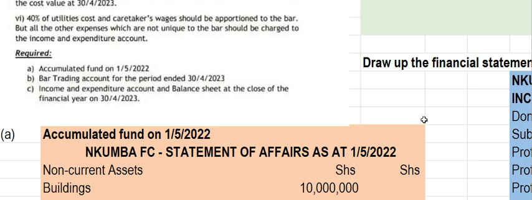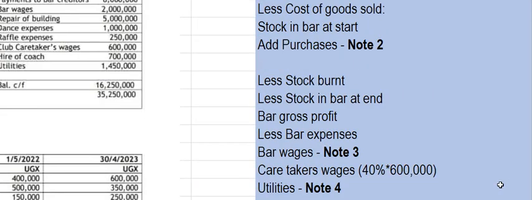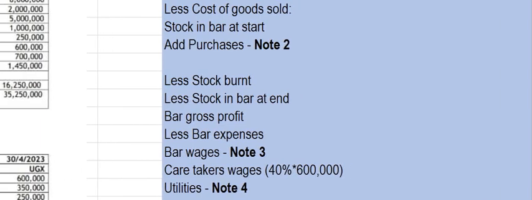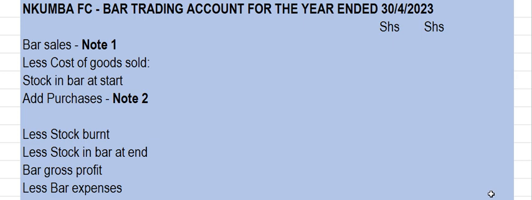Now, when it comes to the bar trading account, sometimes you find that these non-profit making organizations, yes, they are non-profit oriented, but you may find that they have some side businesses that they operate. You may find a club having a bar.